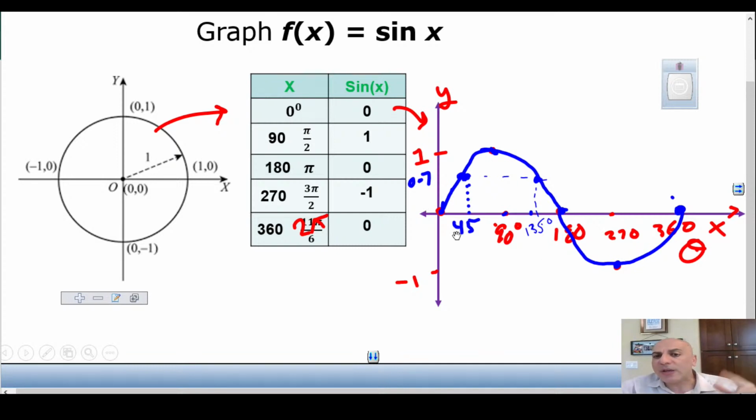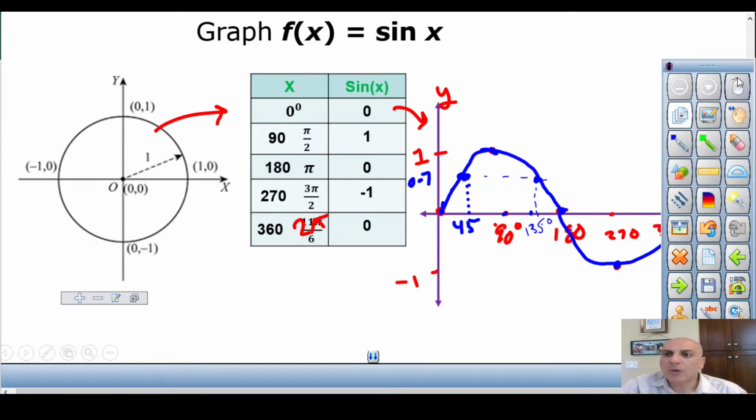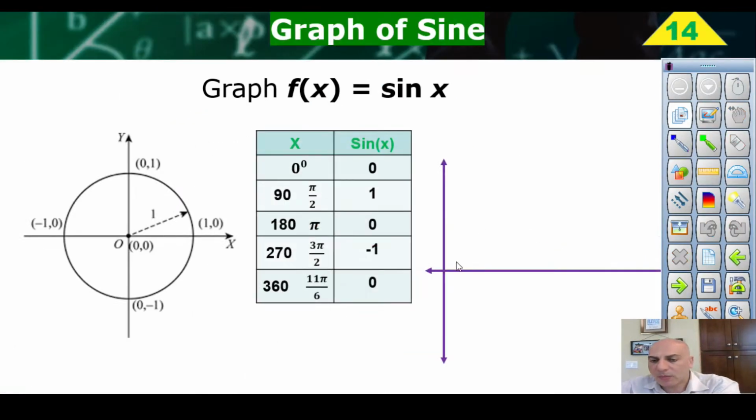And the y-axis represents the value for the function. So you plug in 0, you're going to get this amount, etc. Okay, more on this to come. We're not done yet.